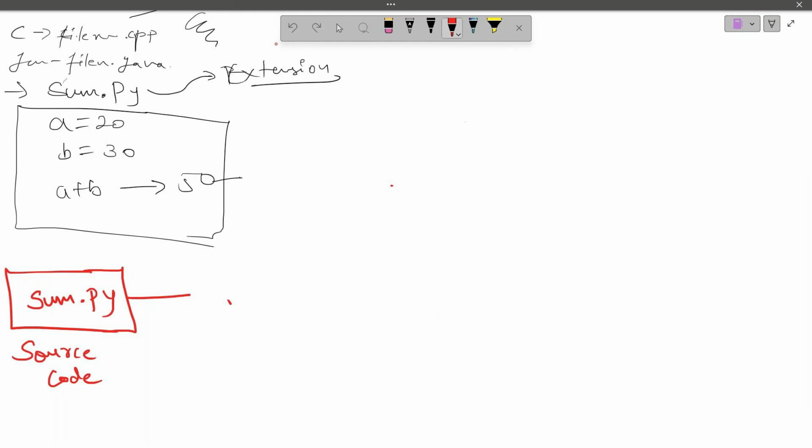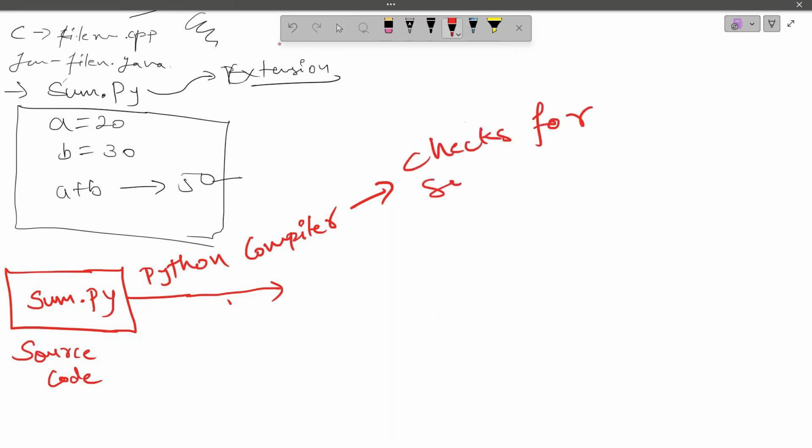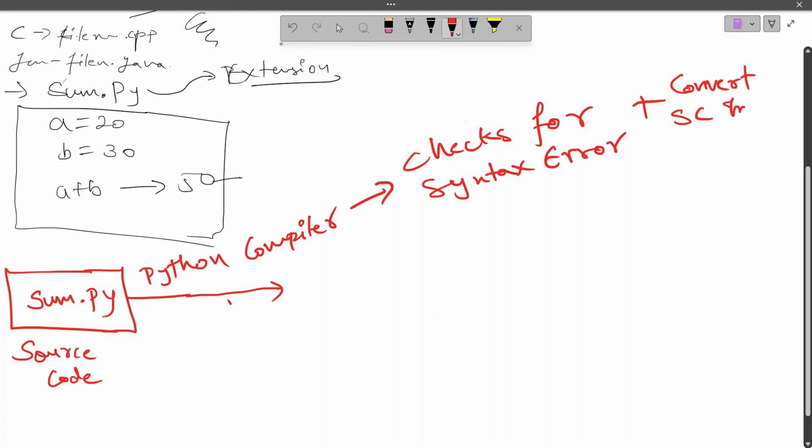But in between, there is a Python compiler. What does it do? It checks for syntax error, and also it converts source code into bytecode.